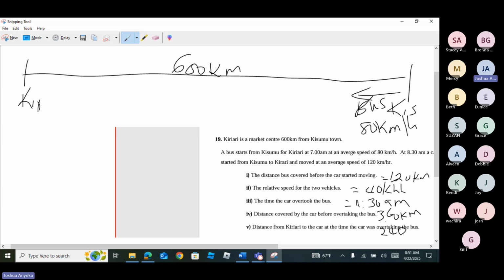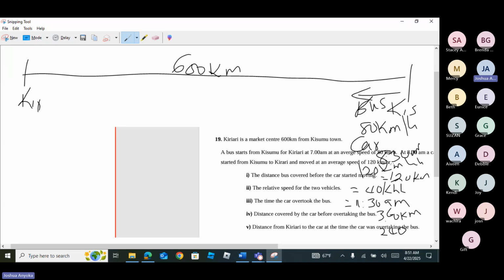At 8:30, a car started from Kisumu to Kiriari, moving at an average speed of 120 kilometers per hour. So the two vehicles are starting from Kisumu to Kiriari.